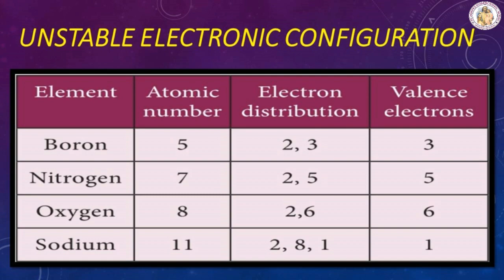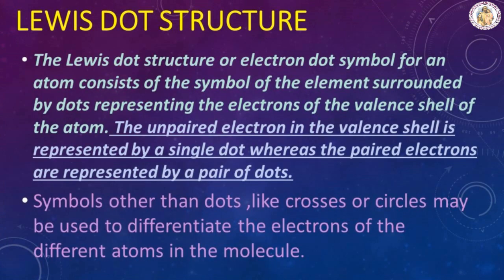Electronic configuration. Lewis dot structure. The Lewis dot structure or electron dot symbol for an atom consists of the symbol of the element surrounded by dots representing the electrons of the valency shell of the atom.